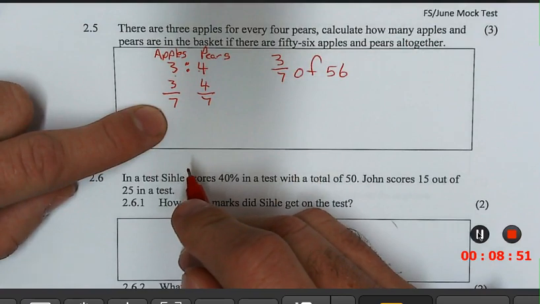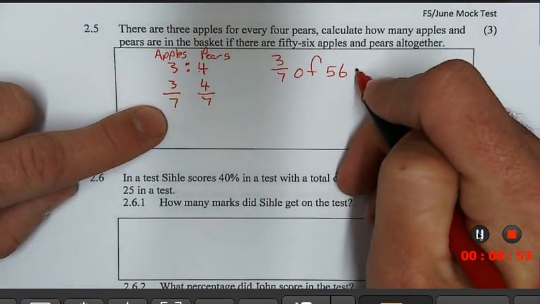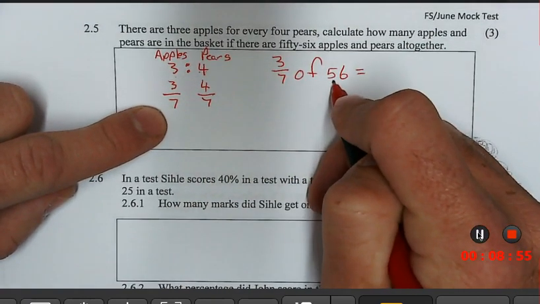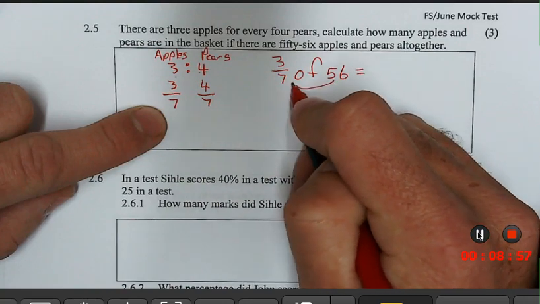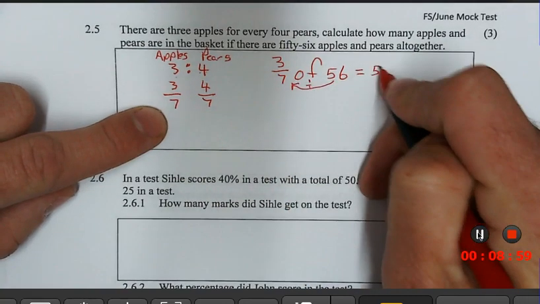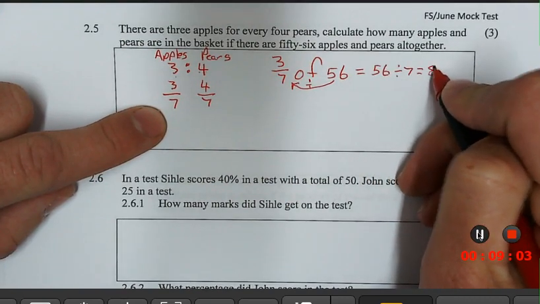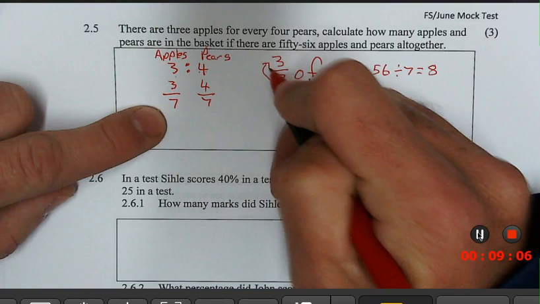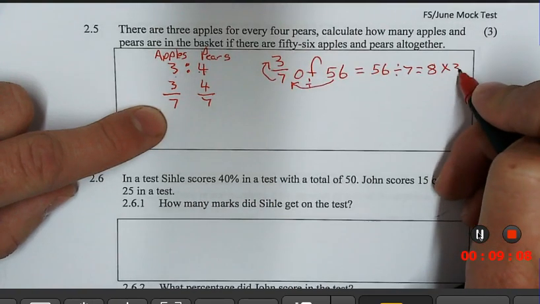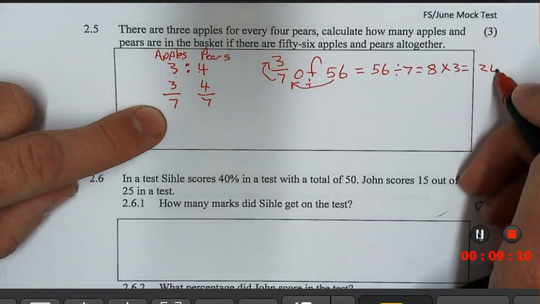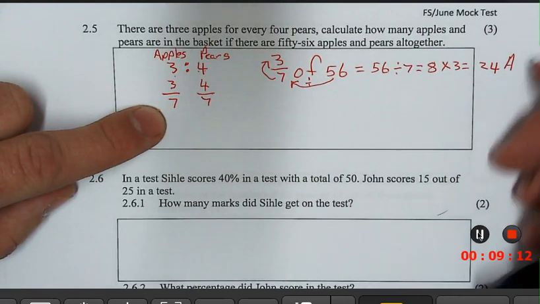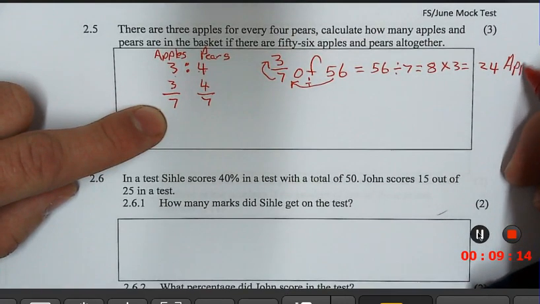Now I know you like doing the "of" method, so let's use that. 56, we divide with the bottom. 56 divided by 7 will give me 8, and then that answer I times with the top. 8 times 3 gives me 24. Then we know there are 24 apples.